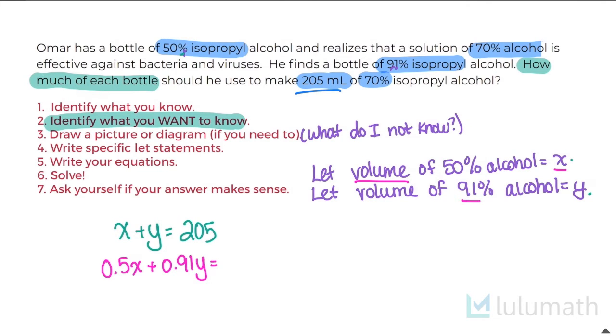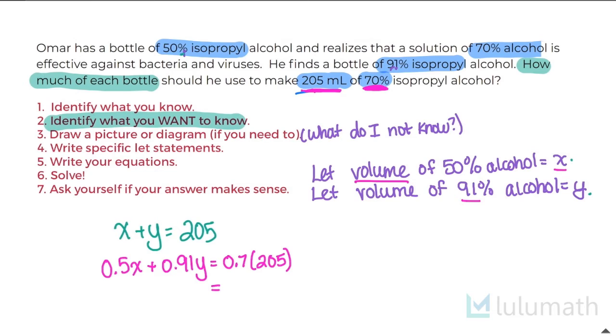And that's going to equal, we want this 205 milliliters to be 70% alcohol. So we know that 70% of this 205 milliliters is the pure alcohol that we're looking for. So we're going to multiply the 70% by the 205 milliliters to help us figure out how many milliliters of pure alcohol we actually need, okay?